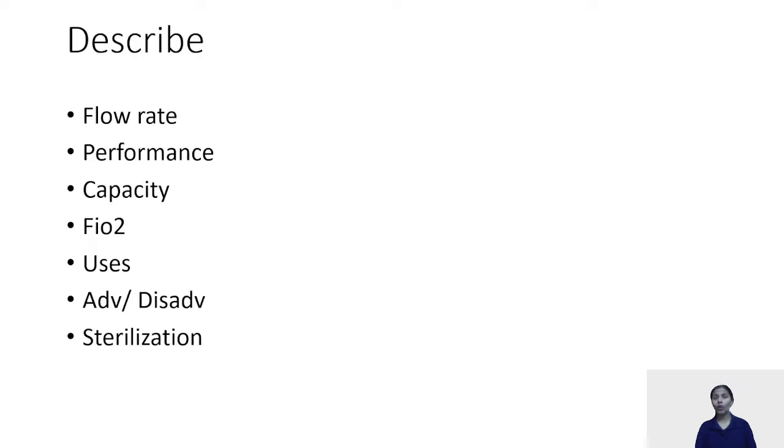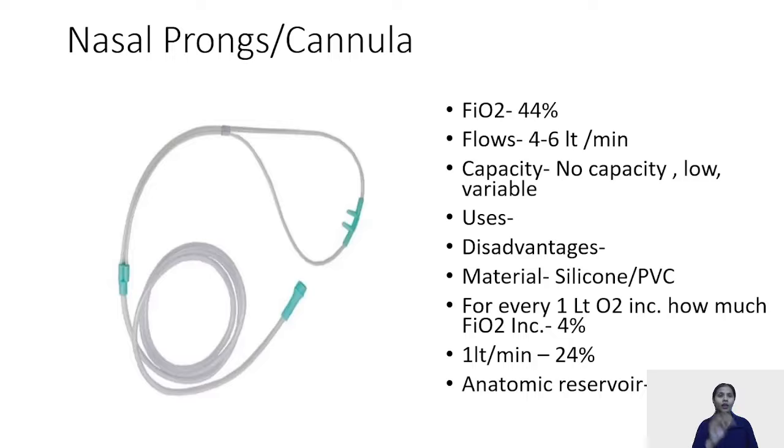Then what is the performance of the device and at what flow rate the device is going to work, and whether the device has a capacity or not. Then we'll discuss in brief the uses, the advantages, disadvantages of the device, and eventually we come to the sterilization. The very first device is your nasal prongs or nasal cannula.